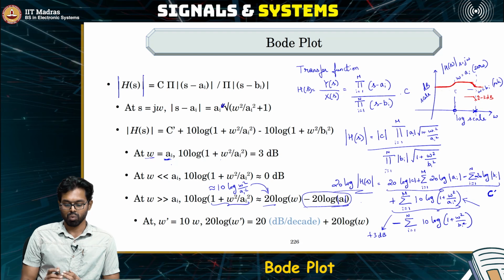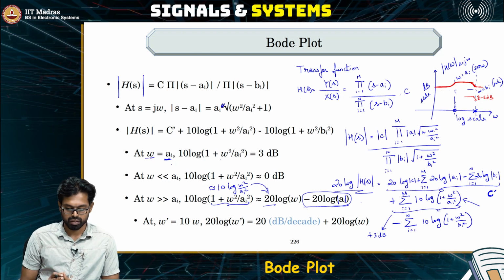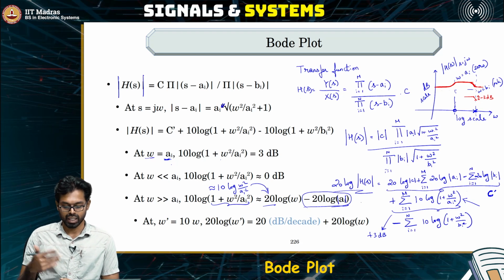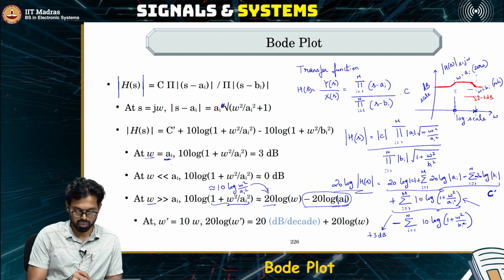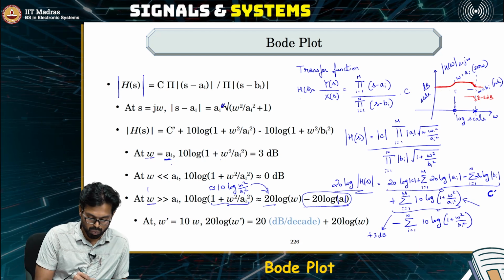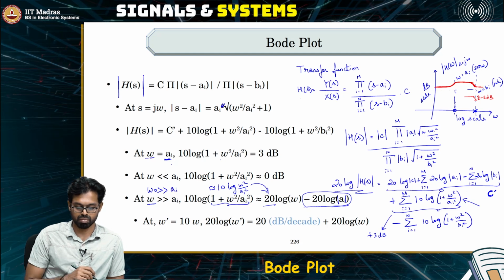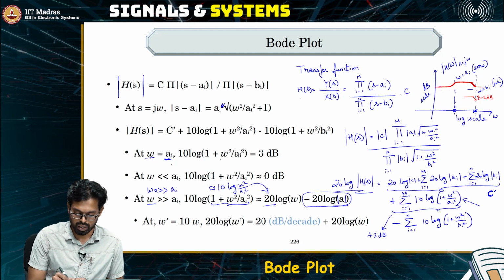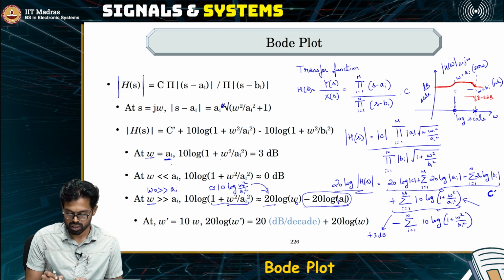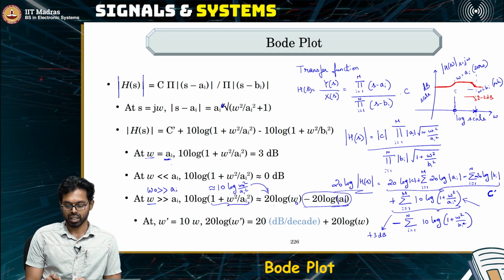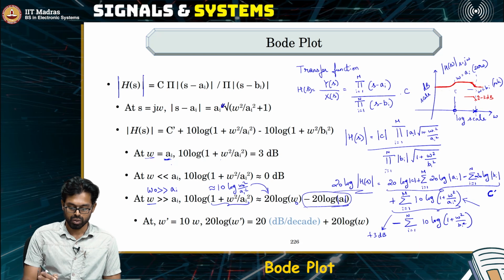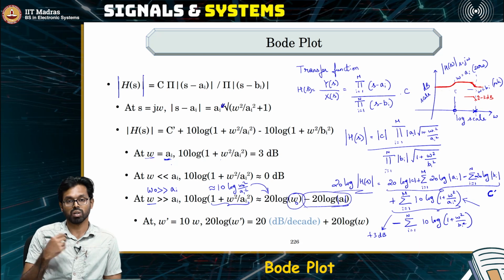Now let us see what happens at a frequency which is 10 times this particular frequency. So we are considering, let us say, some omega naught which is greater than a_i, and at that particular point we saw that it is 20 times log of that omega naught. Now this is a function of omega naught itself.